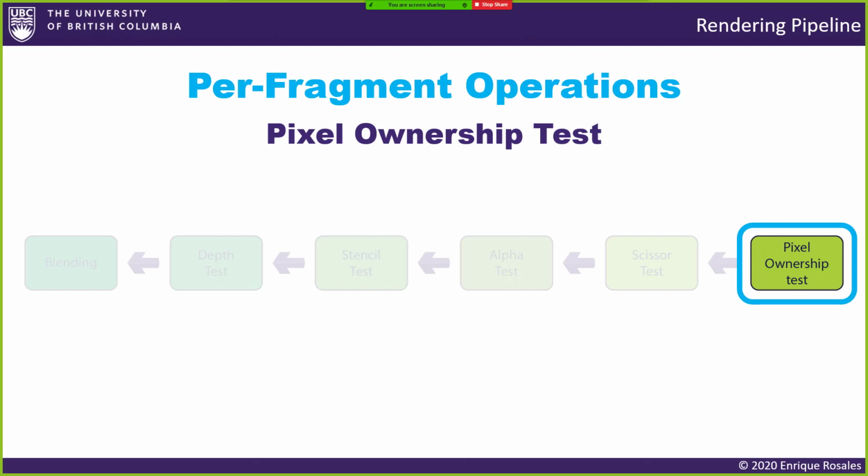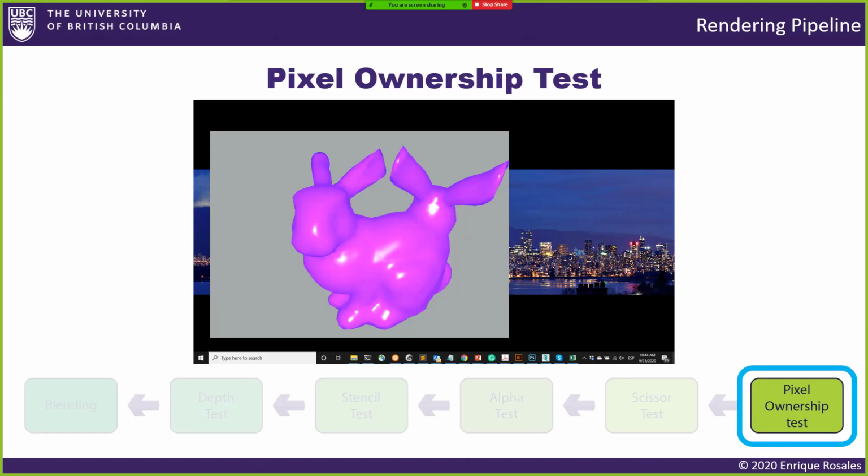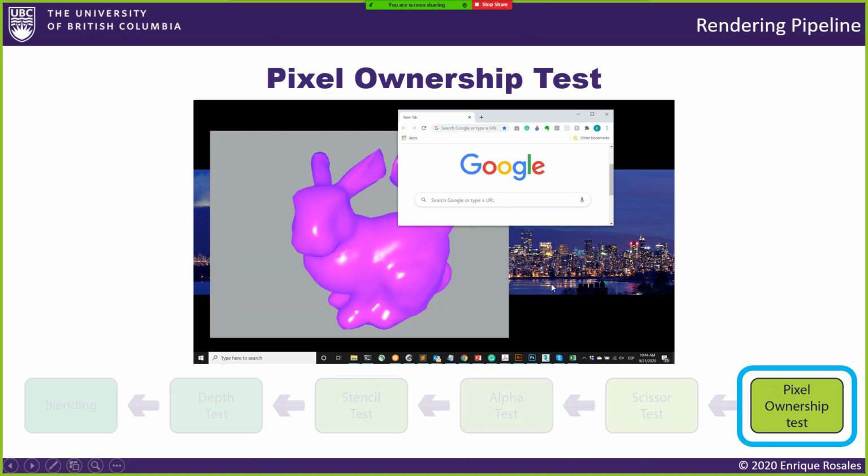For the pixel ownership test, imagine you have something like this. This is my desk, and you have an OpenGL window in which you are rendering this bicephalous bunny. And eventually you open another window, in this case Google Chrome.